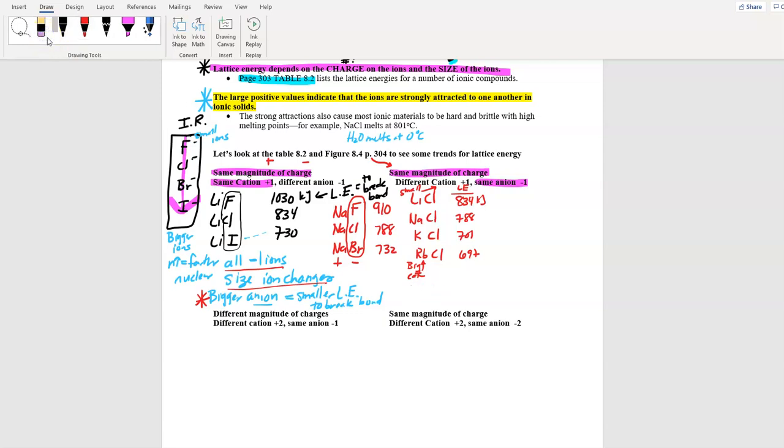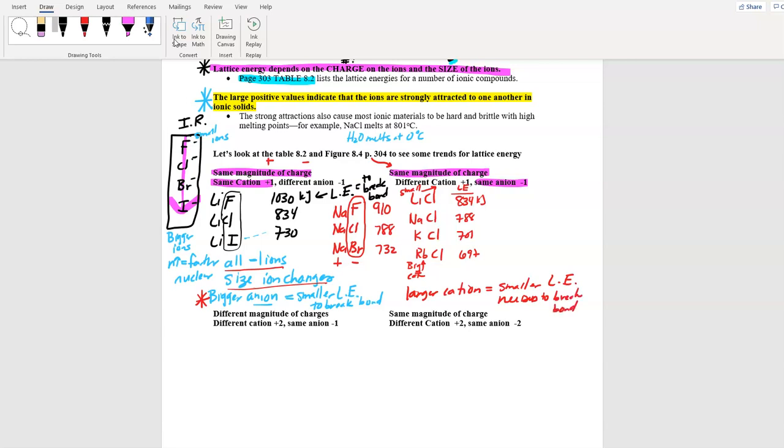I've always hated that word bigger. The larger the cation, please make sure you say cation, because that does make a difference. The larger the cation, the smaller the lattice energy needed to break that bond.